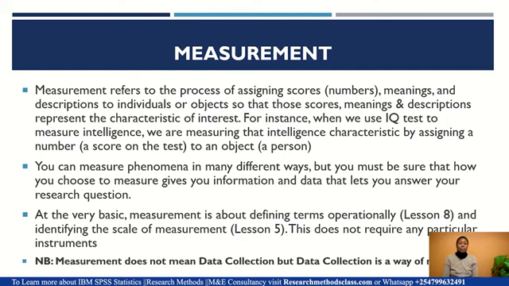Measurement refers to the process of assigning scores or numbers, meanings, and descriptions to individuals or objects, so that those scores, meanings, and descriptions represent the characteristic of interest. Please note from the definition that measurement does not end at only assigning scores or numbers. Even assigning meanings and assigning descriptions is also measurement.